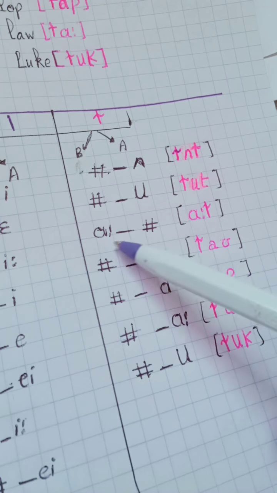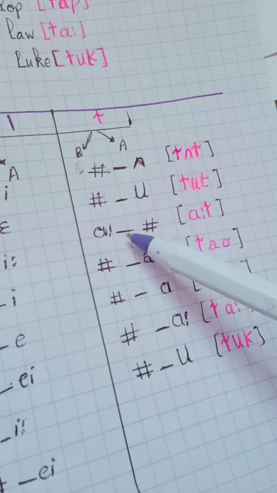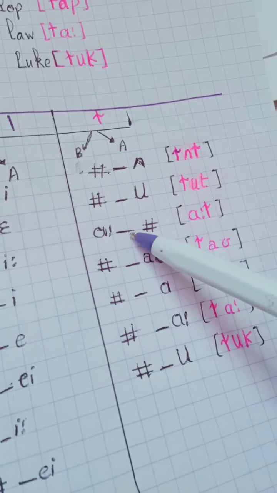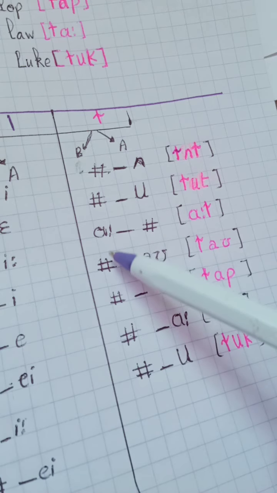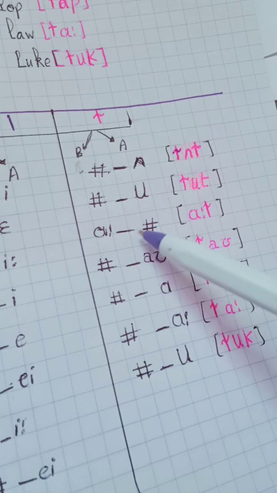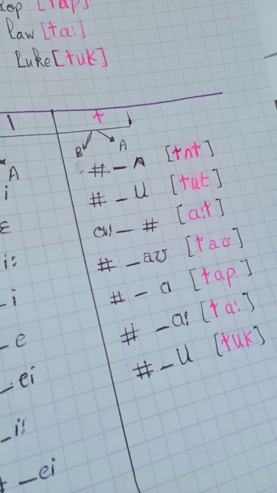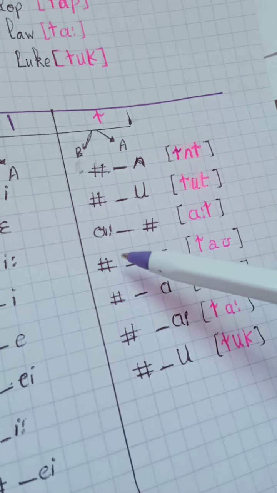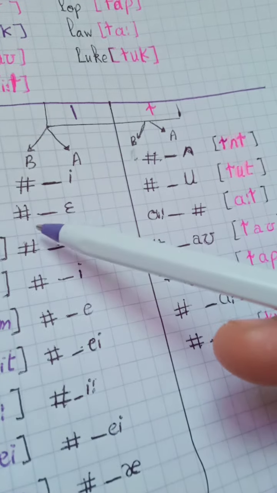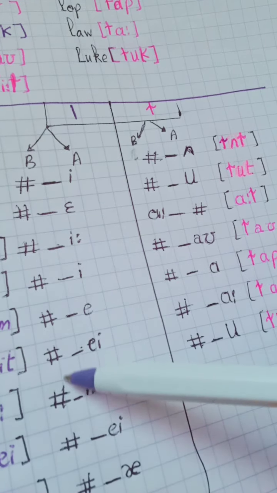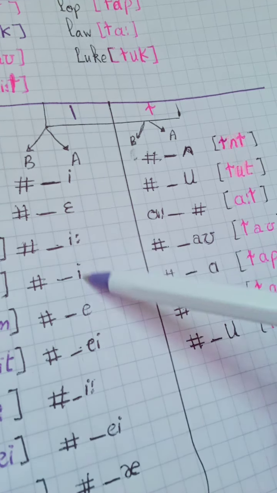Sometimes we find that dark L occurs in environments other than the beginning of the word. So here it occurs at the end of the word. Maybe the only exception is that the light L occurs always at the beginning of words and before a front vowel.